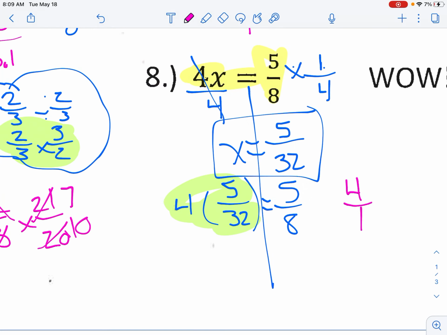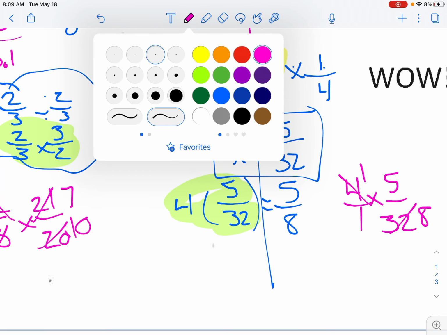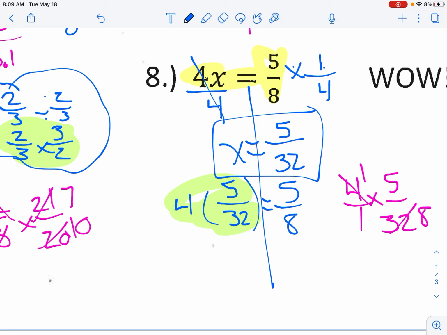So I'm going to put a 1 under the whole number 4, times 5 over 32, divide 4 by 4, divide 32 by 4. So now if I multiply my numerators, 1 times 5 and 1 times 8, 5/8 equals 5/8, check. Alrighty, that's it.